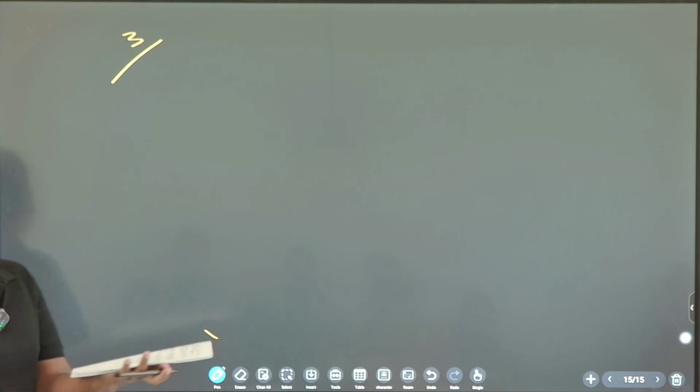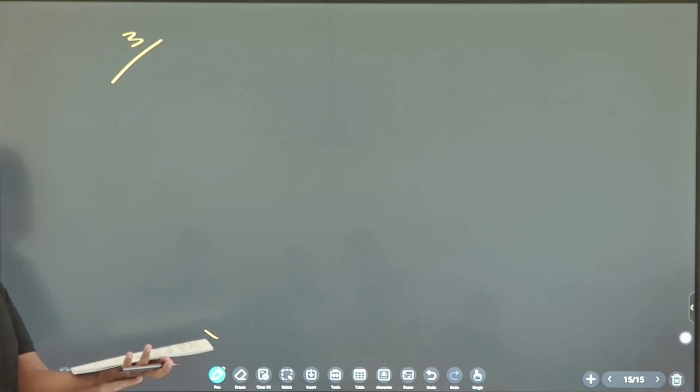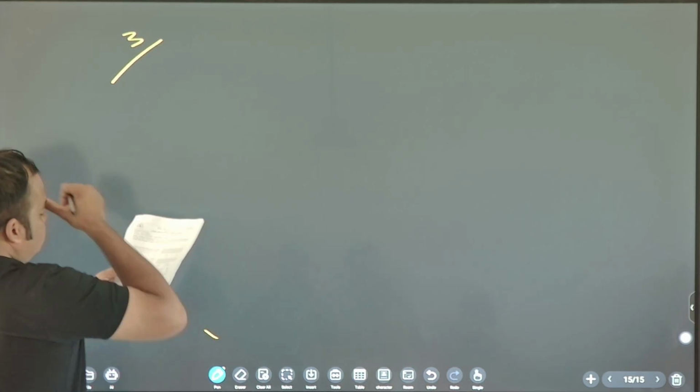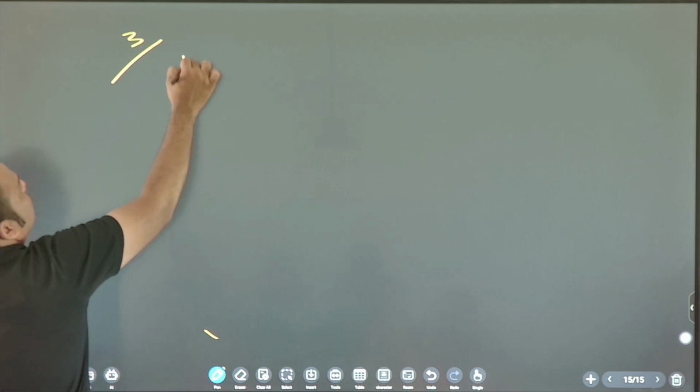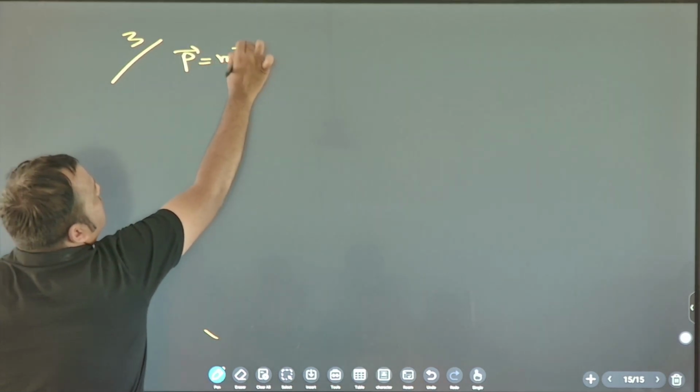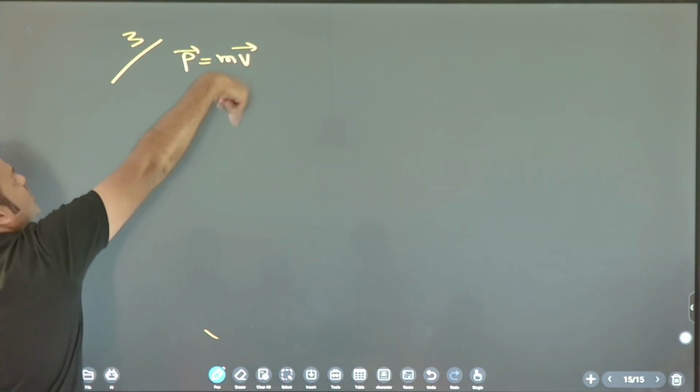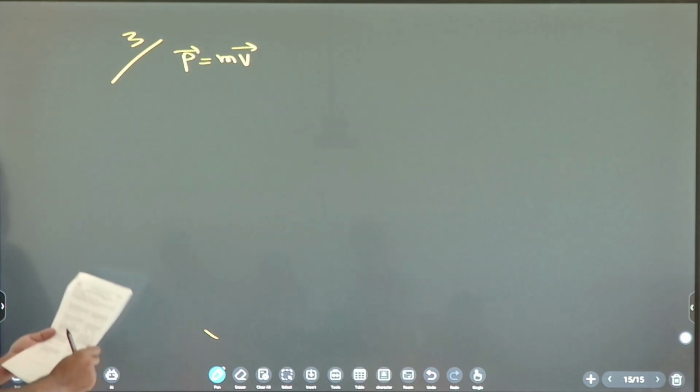So what is the direction when it is hitting? Downward. So velocity is positive or negative? Negative. So momentum is positive or negative? Negative. Because momentum, what is the formula? m into v vector. So when velocity is downward, momentum is downward.